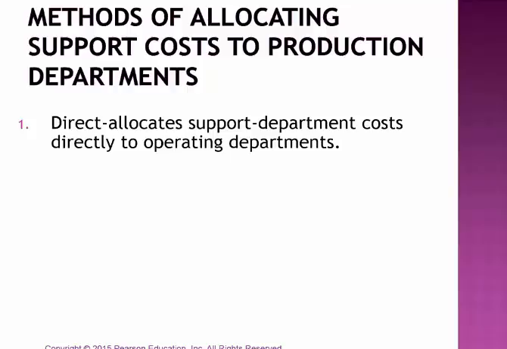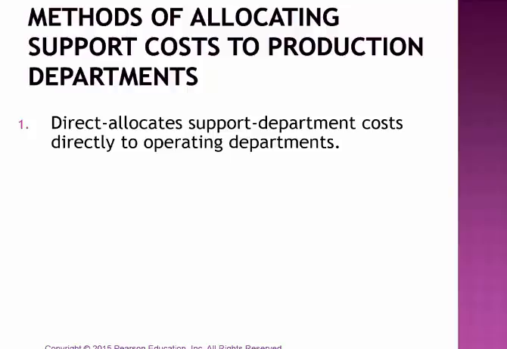We're going to take those support department costs and we are going to allocate them directly to the operating departments and nothing to the brother or sister support department, if you will.